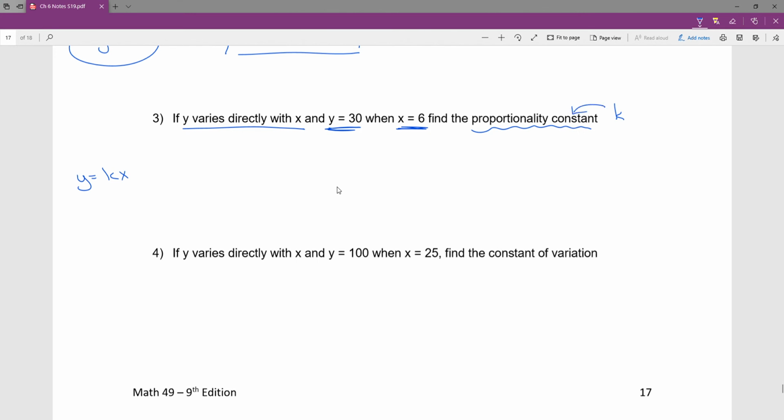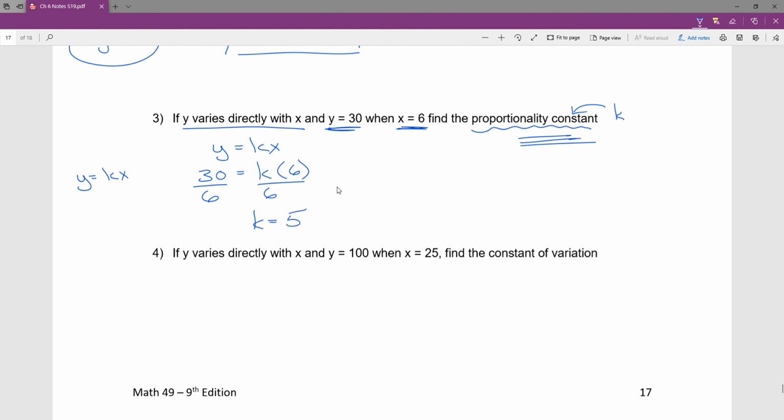And so what we can do is start with our standard form, that framework equation, and sub in what we know. So we'd have 30 for the y, we'd have k that we're looking for, and we'd have 6 for the x. And so what we're doing here is solving for k. To get k by itself, we divide both sides by 6, and I'd know that k equals 5.